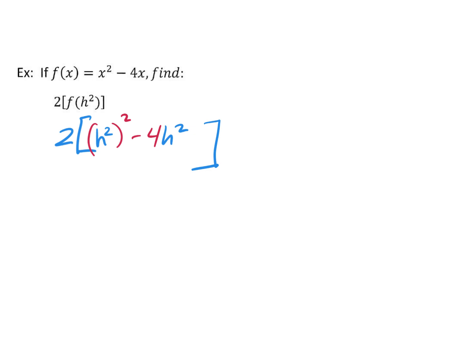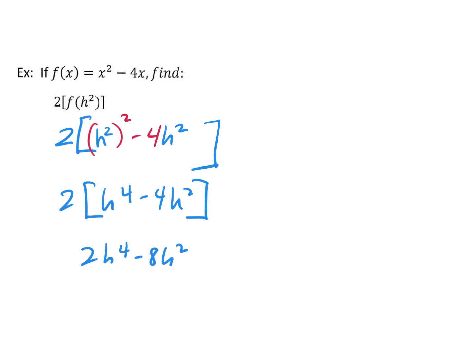All right, somebody else. What's my next step? Exponents. Well, yeah, order of operations, right? So what does that give me? h to the 4th minus 4h squared, and then distribute, done and done. Okay?